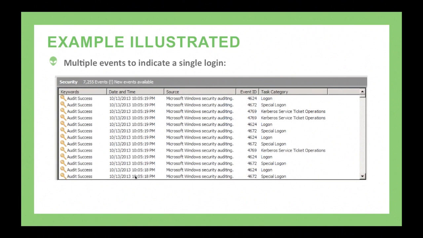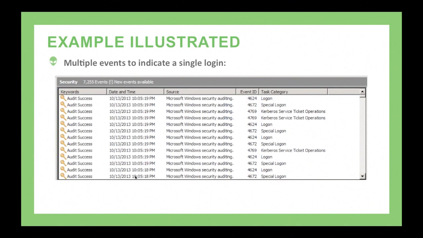Basically, at the top of the screenshot, we've got four audit log messages that we're looking at in the security event log for a Windows server, and those top 4 messages are actually all associated with a single logon. So one logon generates, in some cases, as many as 7 individual events, which indicate that that logon occurred.